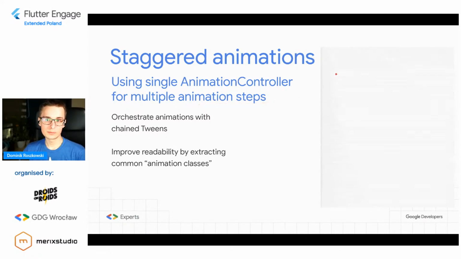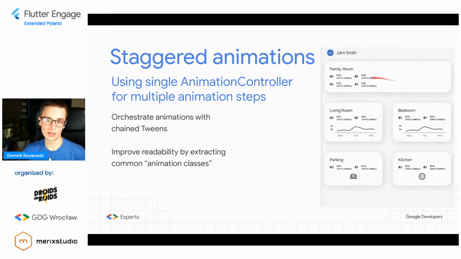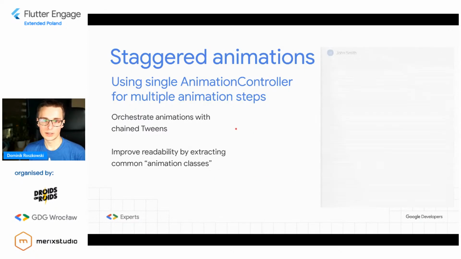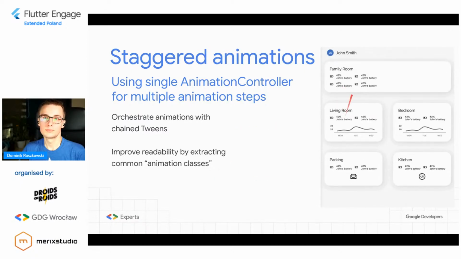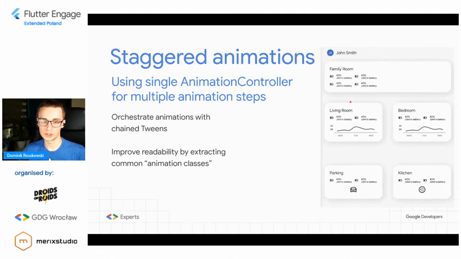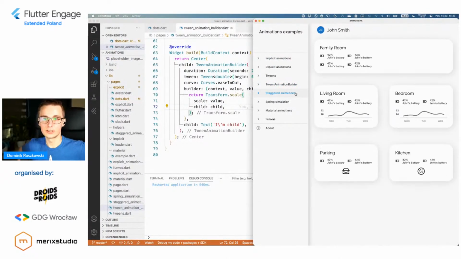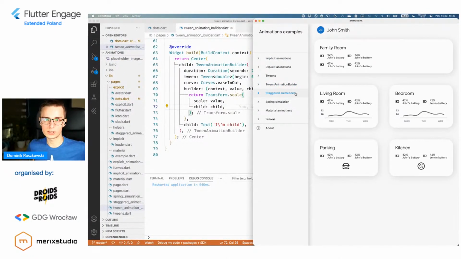And if you have some multiple animation steps, like in this case, these elements appear one by one, and you want to actually use a single animation controller for that, then staggered animation is what you need. So let me again show you this in this real application, because it looks a bit better than on a slide.